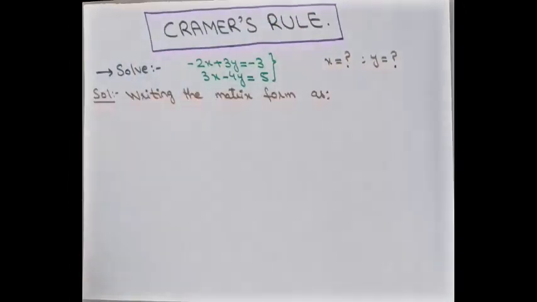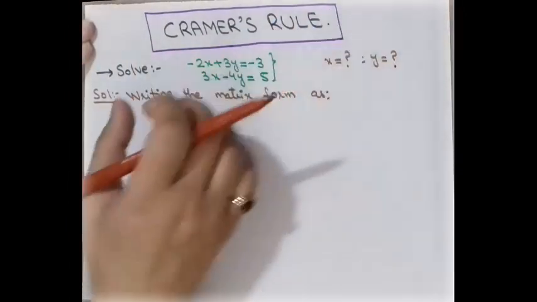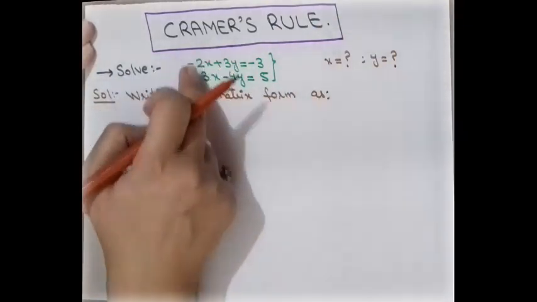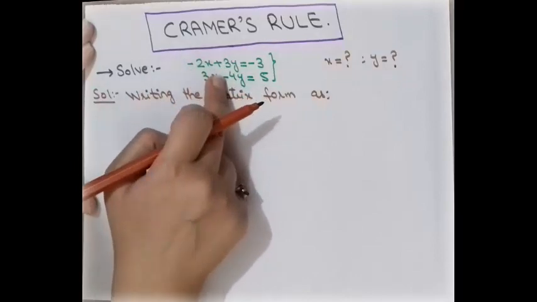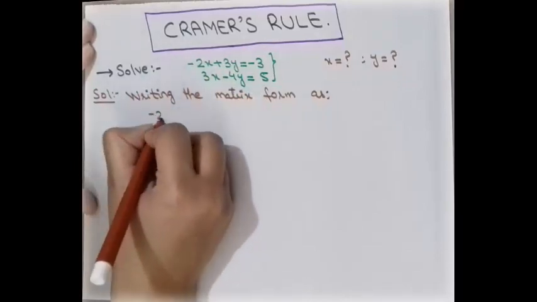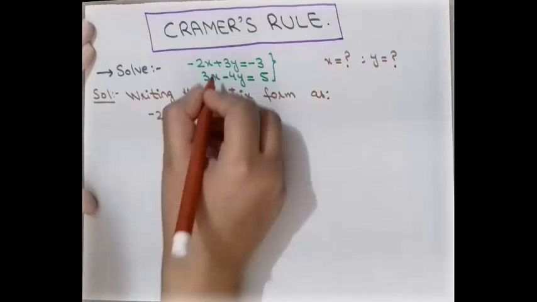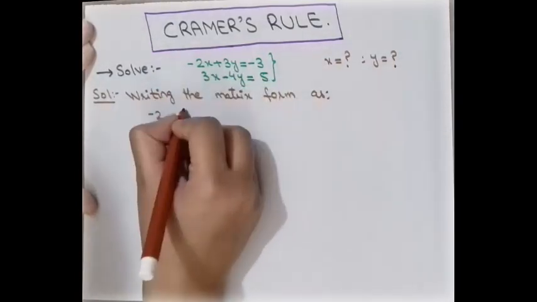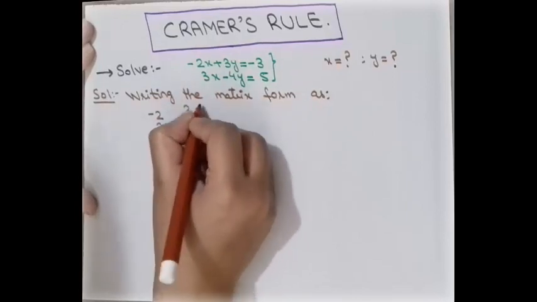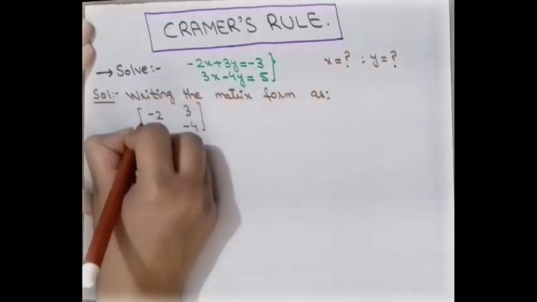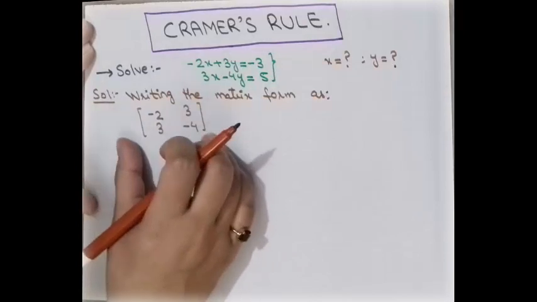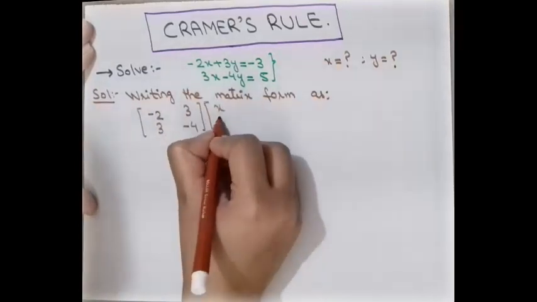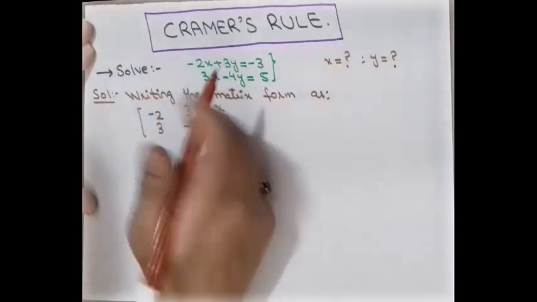The first step is to write the above equations in matrix form. We write the coefficients of the variables: -2 is the coefficient of x, 3 is the coefficient of y, and in the second row 3 and -4, in a square bracket matrix, multiplied with x and y, the two unknown variables.